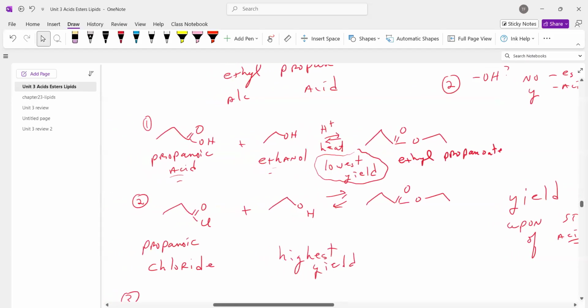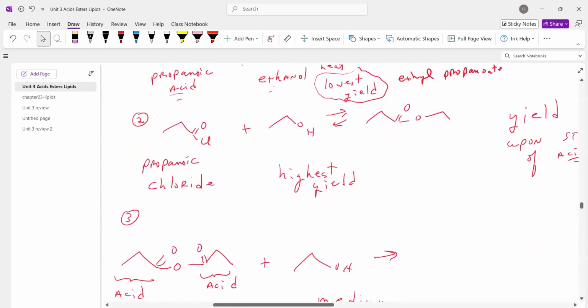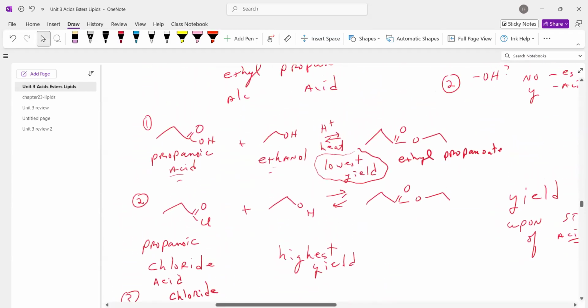Okay, method number 2 is to take the, this is called the acid chloride. Take the acid chloride, let's back up here a second. Okay, primary backbone, secondary backbone.